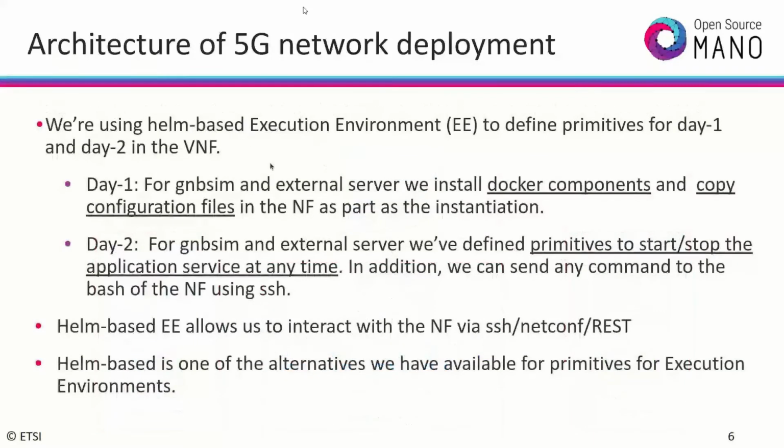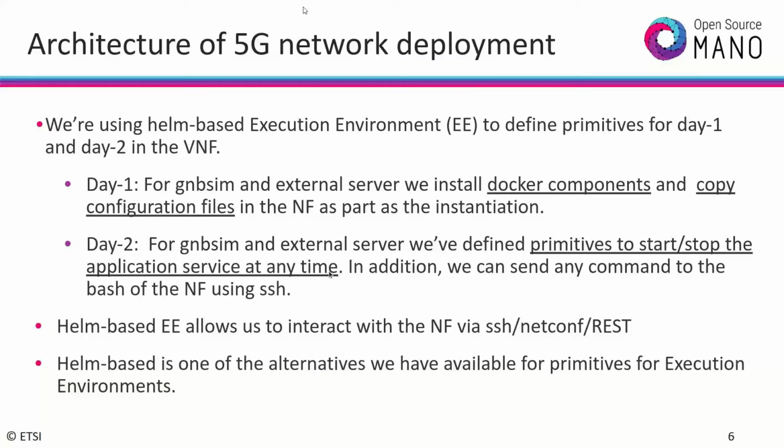We're using Helm-based execution environments to define primitives for day one and day two in the VNF. For day one, for both gNB SIM and external server, we need to install Docker components and copy configuration files in the network function as part of the instantiation. And for day two, we're going to have primitives to start and stop the application service at any time.